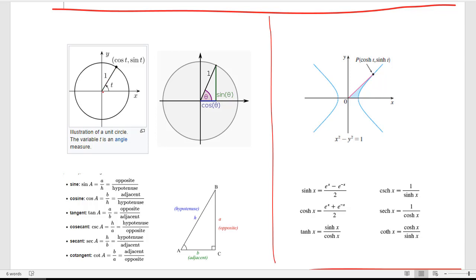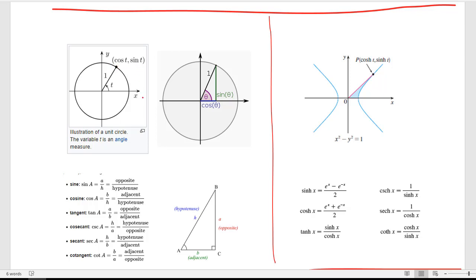We looked at the number t as an angle measure. It looks like this angle measures 45 degrees. If we go all the way to the y-axis, that's 90 degrees. So this point lies at cosine of the angle, sine of the angle.